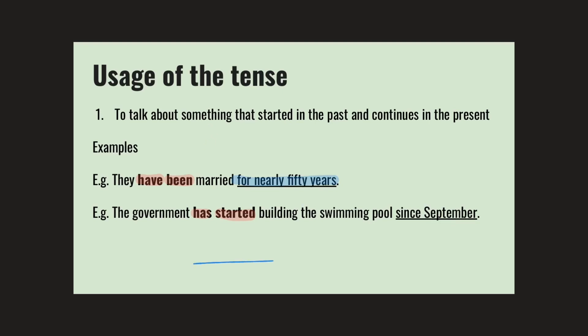For example, this is the timeline, right? This is September, let's say 2020. Now is 2021. Maybe it will finish in 2022. Alright? So the action of building started in the past and continues to the present.